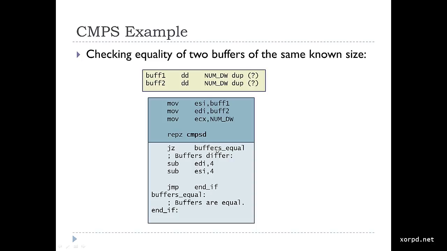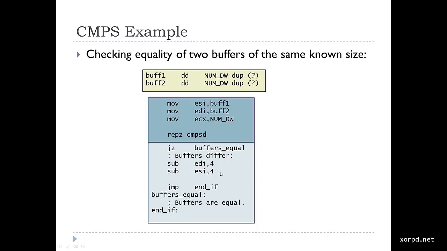In that case, we just jump to this label, buffers equal. And in this clause, we have that the buffers are equal. However, if the zero flag was not set, which means that the zero flag was 0, it means that we had a mismatch. In that case, we just slide on to this place, which we call buffers differ.